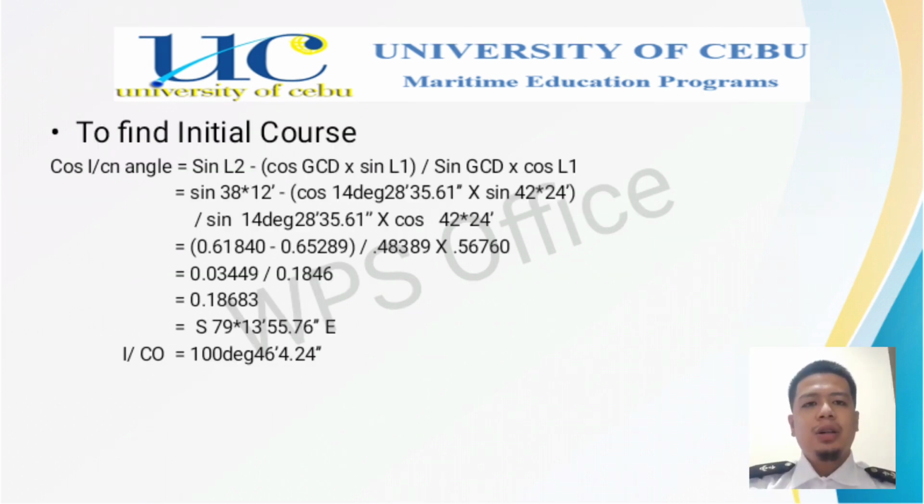Next we'll find the initial course. Since we have the GCD, there is a formula for getting the initial course. We'll copy the formula, which is sin latitude 2 minus cos GCD, or the great circle distance, times sin L1, close parentheses, divided by sin GCD times cos L1.